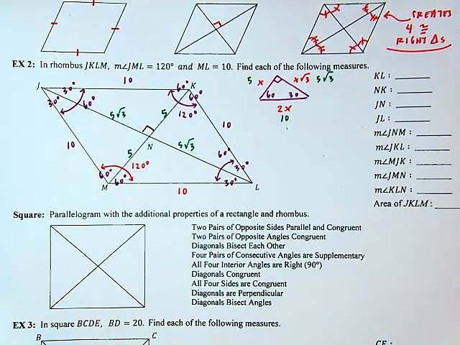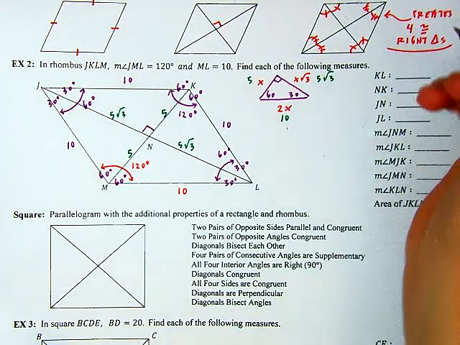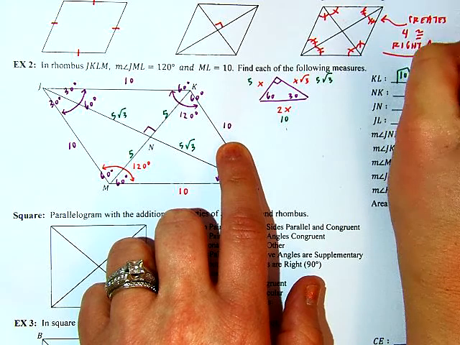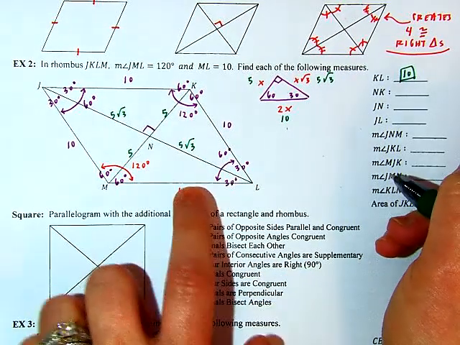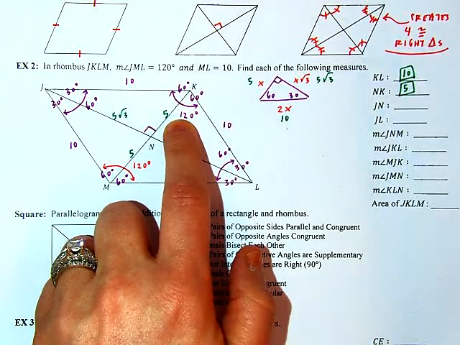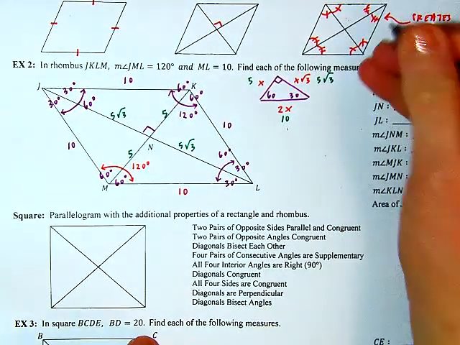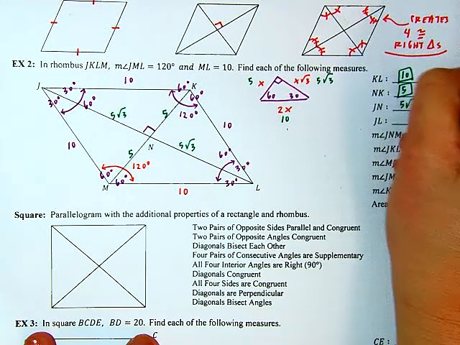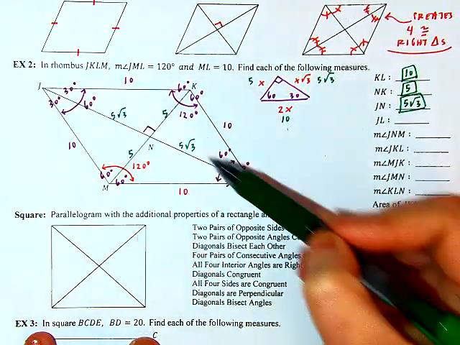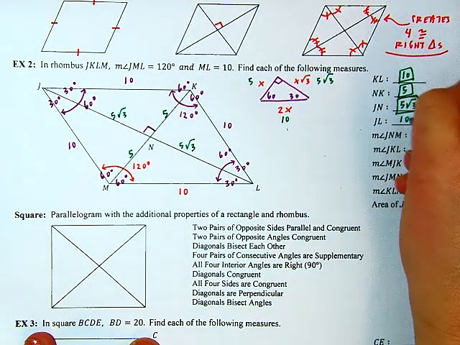All right, so if I fill in my gaps, I think I have everything I need. I do. So KL here is 10. NK, so NK here is 5. Okay, JN, so JN is 5 root 3. JL, if I add those 5 root 3's together, I have 10 root 3.